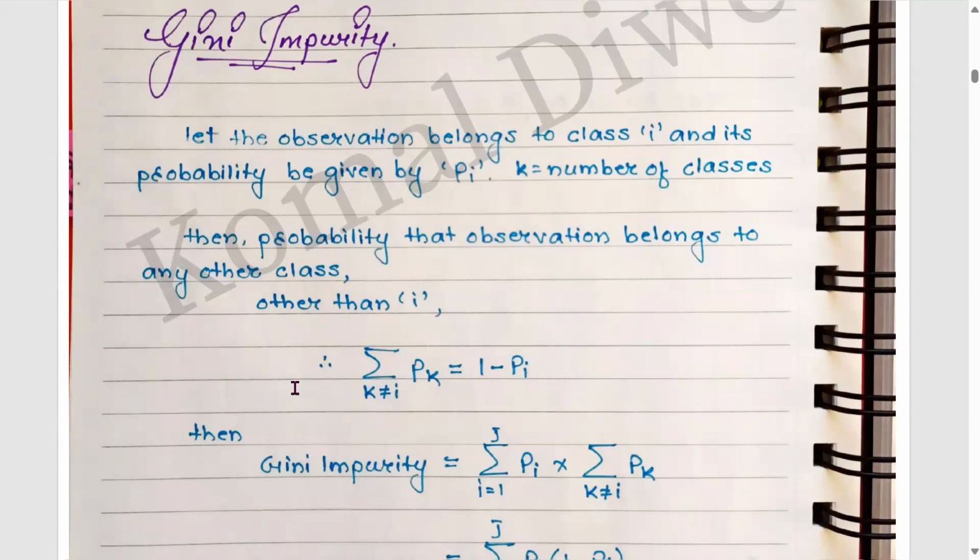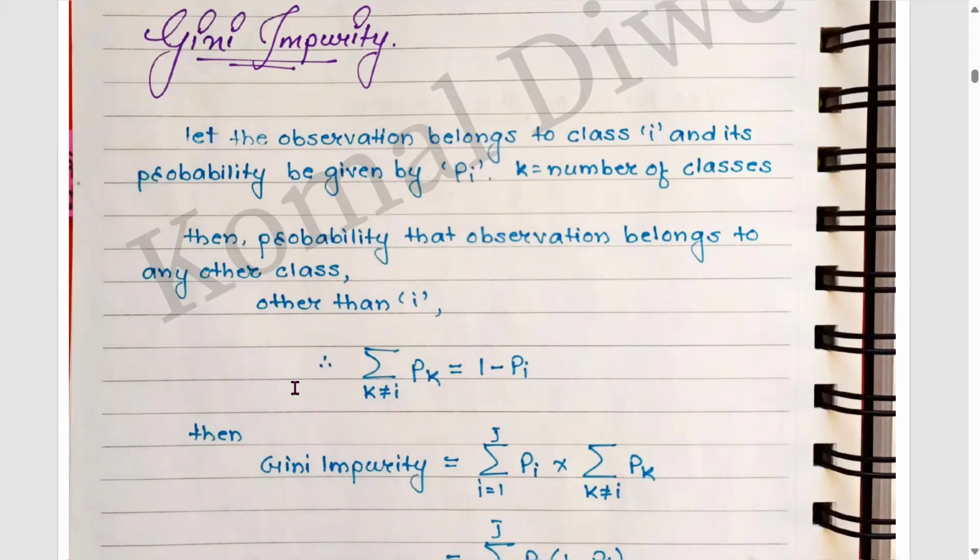The observation belongs to class i and its probability is given by Pi.